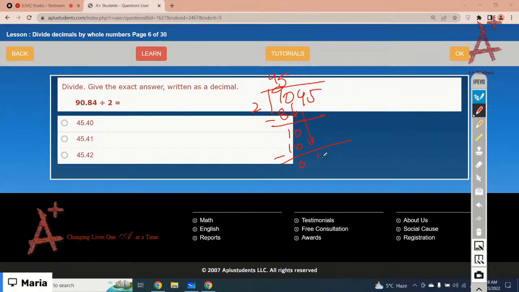Now bring the next digit down. 2 times 2 is 4. You don't have any other digit to bring down. So you put a decimal point over here and a 0. So the answer is 45.